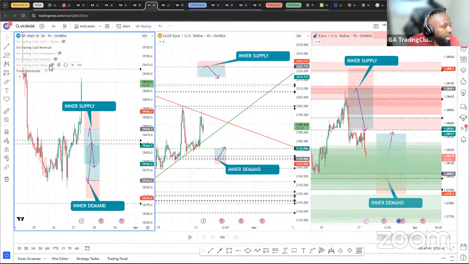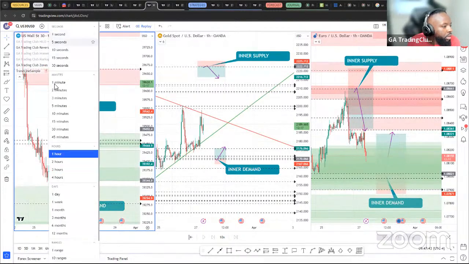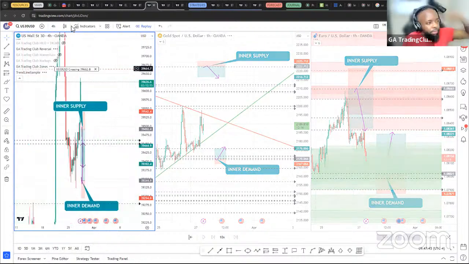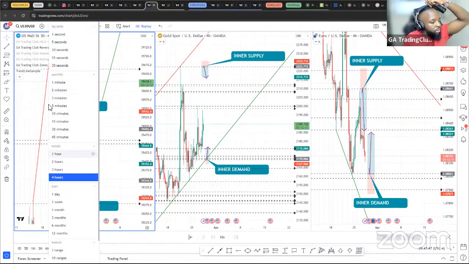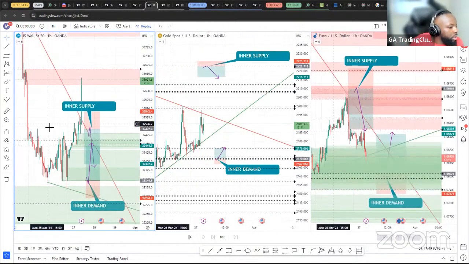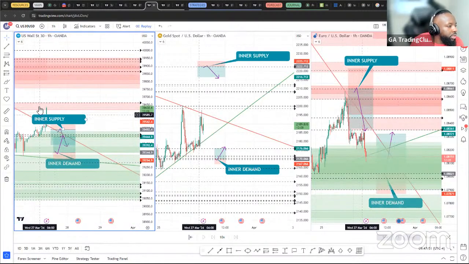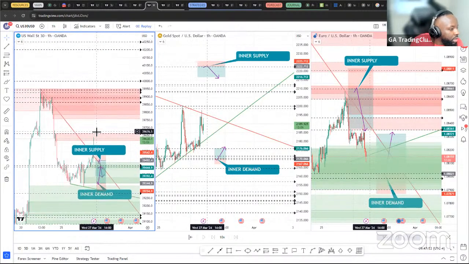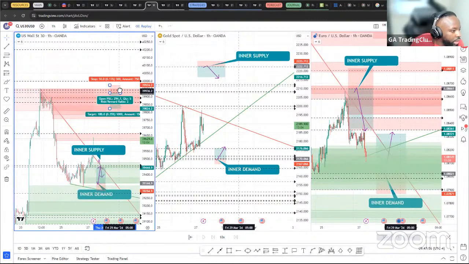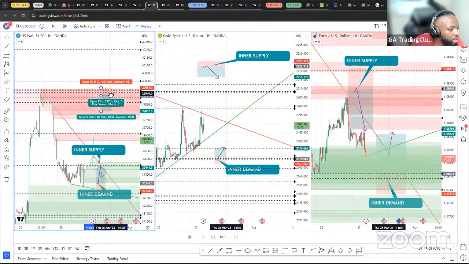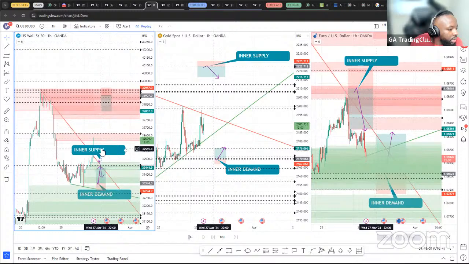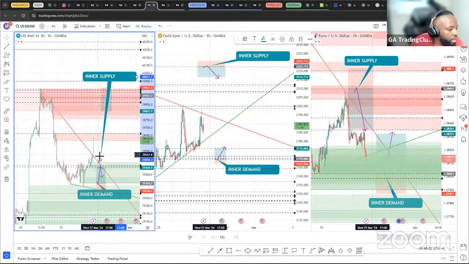All right, for the 1-hour time frame for US30, the nearest 1-hour entry would be all the way up here at the 39,900 area, which I do see as likely.